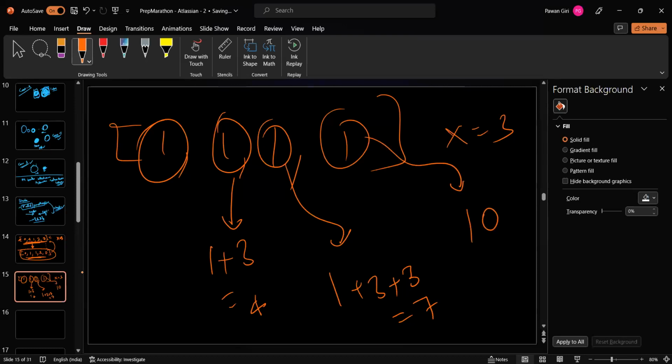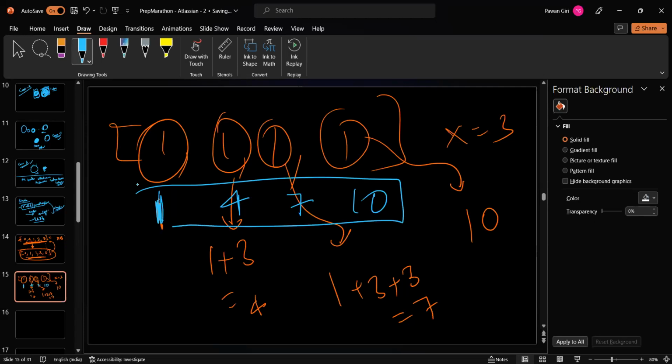So my final array is something like this. Let me write it here: 1, 4, 7, 10. So it is possible to get this array with this x using the operation that is allowed in my question.